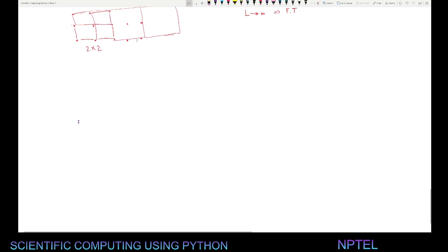Anything else? Yeah, discrete Fourier transform, very important. Of course, computers can only handle discrete data, right? So you have the discrete Fourier transform. Earlier we had fn hat equal to 1 by L integral 0 to L f(x) e to the power minus i kn x.